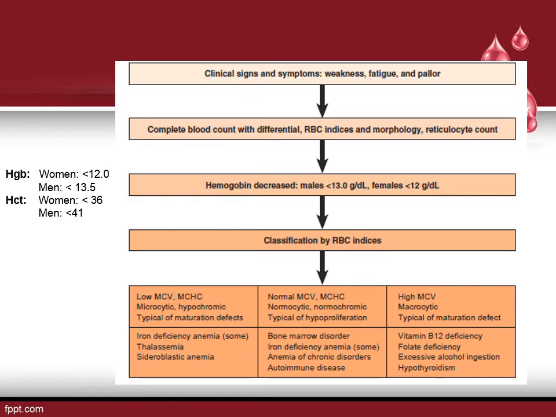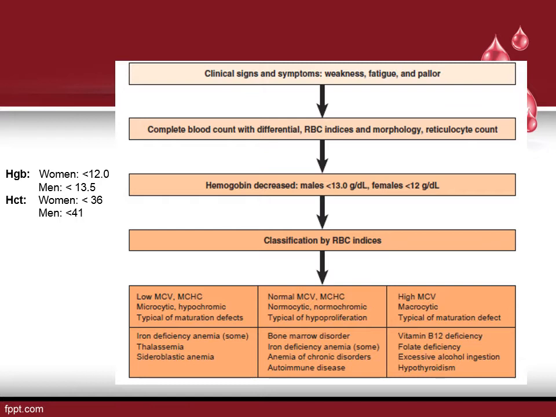Normal MCV and normal MCHC, otherwise known as a normocytic and normochromic blood picture, is typical of hypoproliferation. It means decreased proliferation of blood cells in the bone marrow, so it can be a bone marrow disorder.